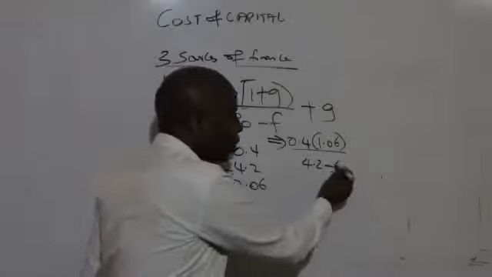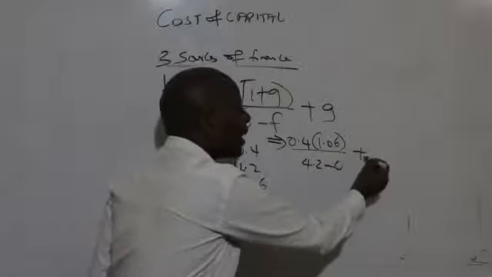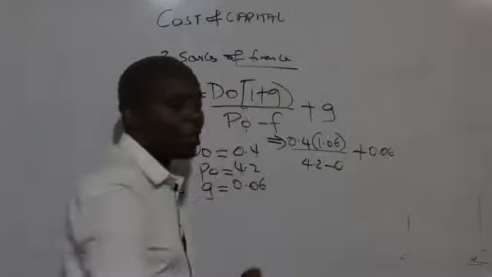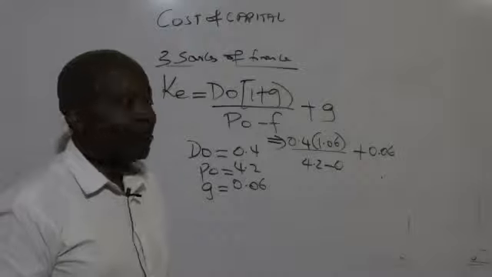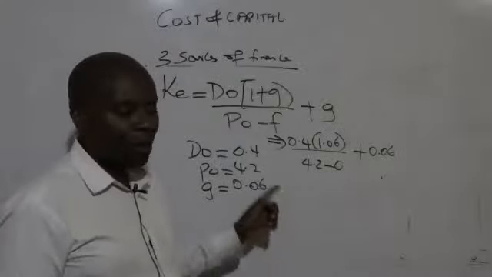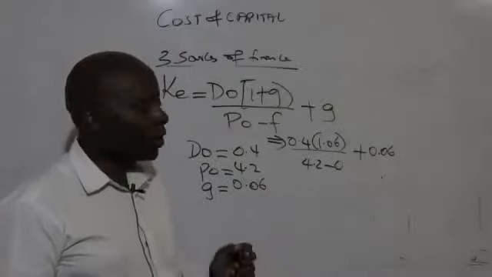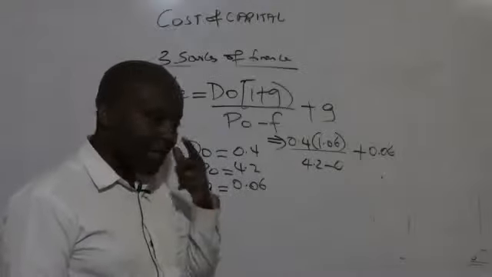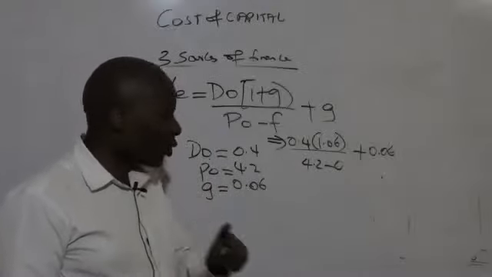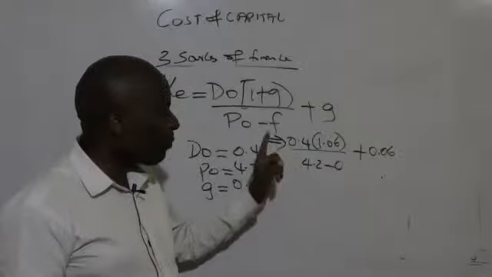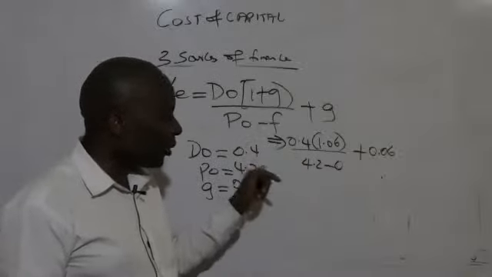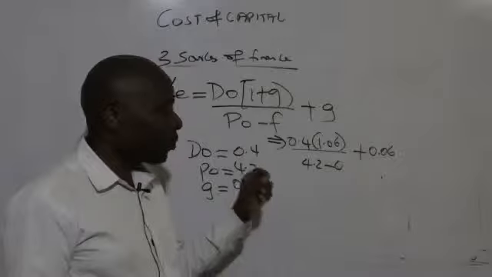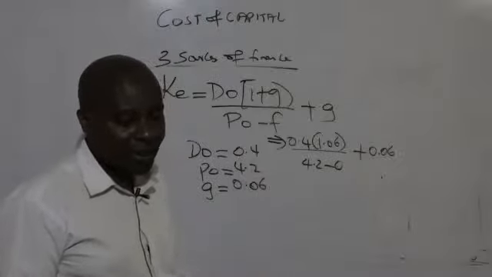So the flotation cost there is 0, plus the growth rate, which is 0.06. You have to be careful here. So you're talking of 0.4 times 1.06 divided by 4.2 plus 0.06. Please give us an answer here.